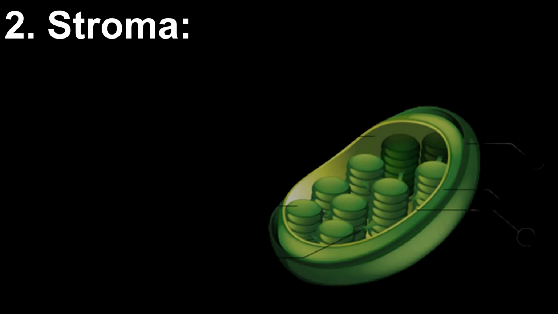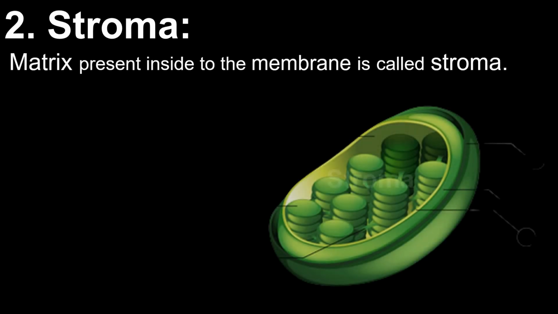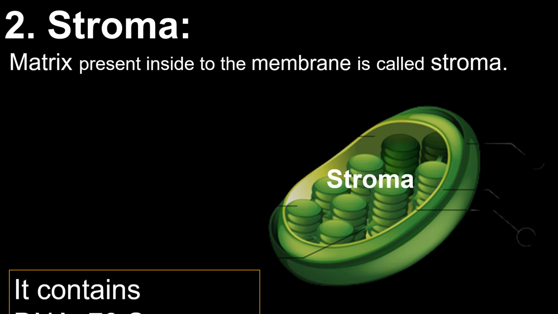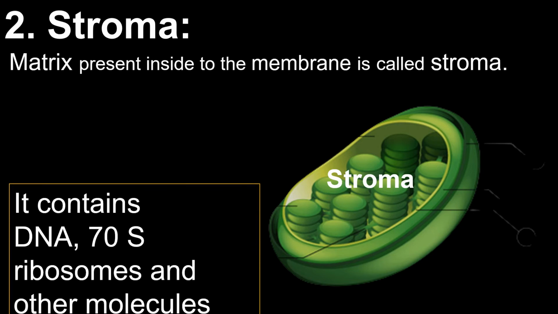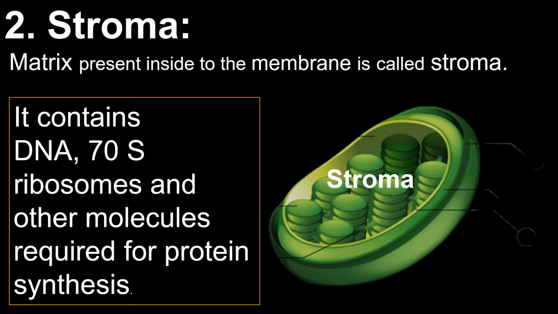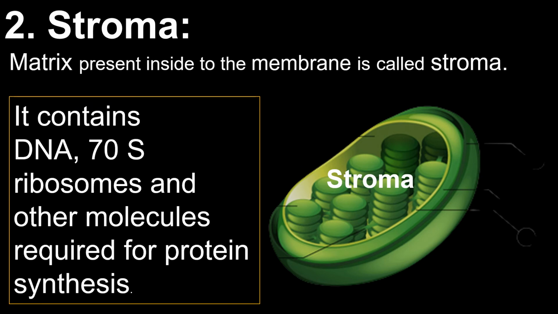The stroma is made up of matrix substance. The matrix substance present inside the membrane is called stroma. The stroma has DNA, ribosomes and other molecules required for protein synthesis.